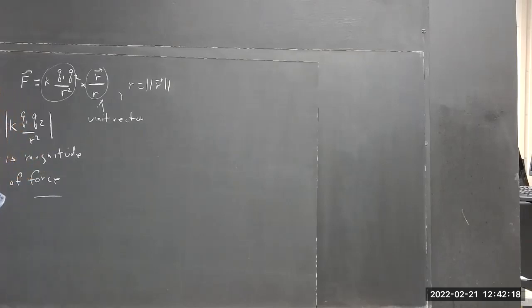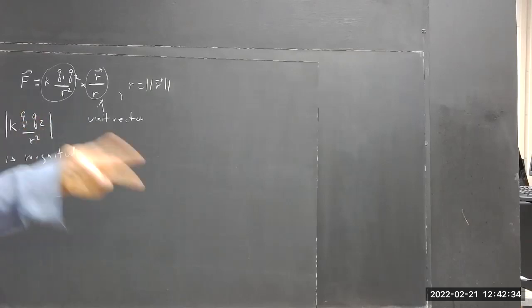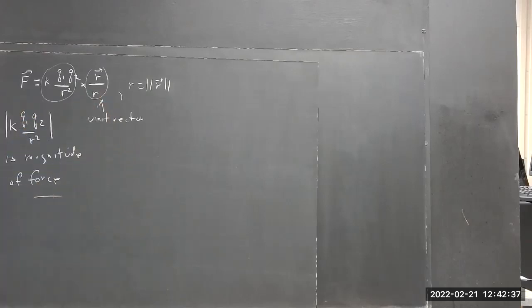There are four possibilities for the signs of Q1 and Q2. In two of those possibilities, the signs are the same, so you have a positive quantity. And in two cases, the signs are opposite, so you have a negative quantity. And again, I think I said that right.